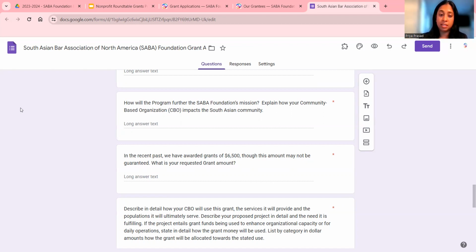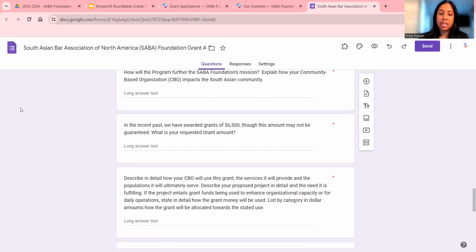In the past and this year, we're expecting grants to be in the order of about $6,500. This is your space and chance to expand on what you're requesting, and this can be more than that. This is not a guarantee, obviously, that we can award more than that, but this is your chance to concisely describe what you're requesting with some specificity.